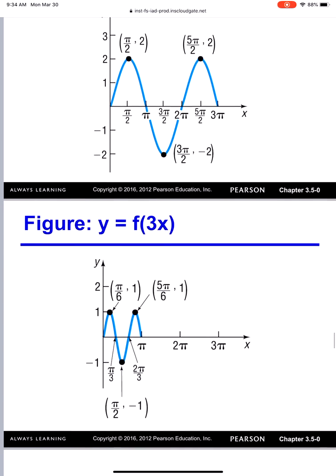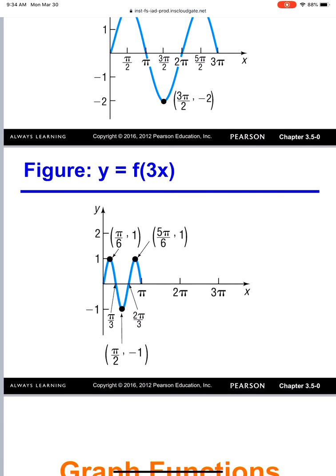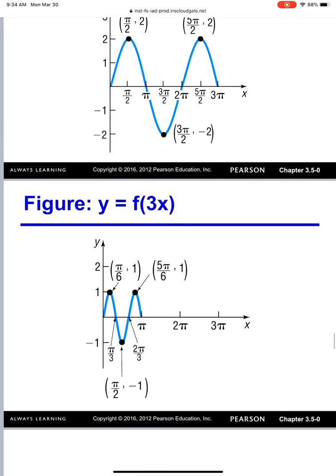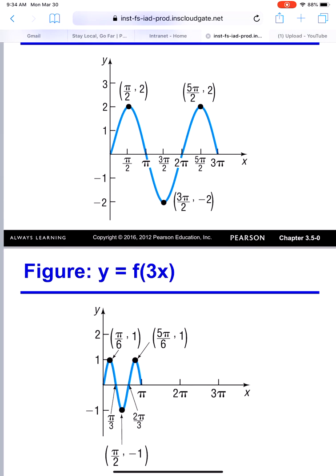Now when we have horizontal stretch, horizontal compression, okay, so what's going to happen? The graph either will stretch horizontally or compress. So using that example, like you see, inside of the parenthesis, you have 3 times x. So what that means, we're going to have a change with respect to the x coordinates.